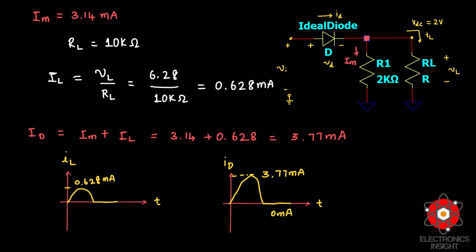because we have understood that VDC is equal to Vm by pi, and with that only we have calculated Vm as VDC into pi. Pi value we know approximately it is 3.14, and VDC is given in the question as 2 volt, and with that we have calculated what was Vm, which was equal to 6.28 volts, and with that only we have estimated the load voltage and load current; everything was based on the Vm.